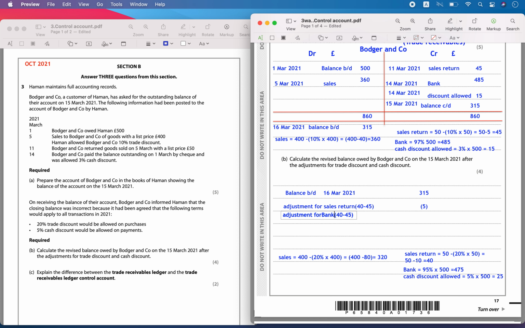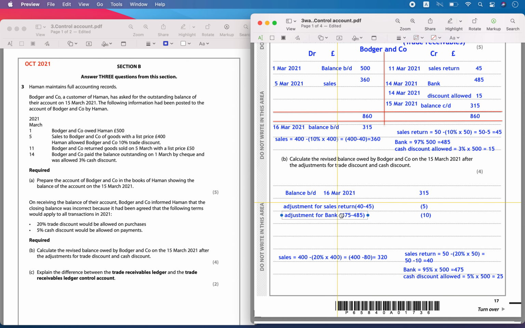Adjustment for the bank: now it is 475, earlier it was 485, so there is a decrease of 10 pounds.